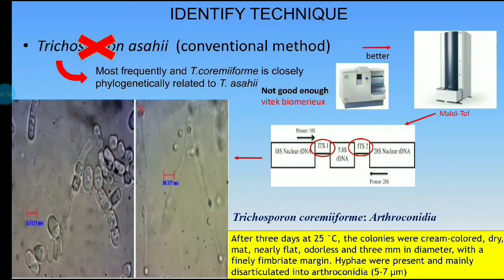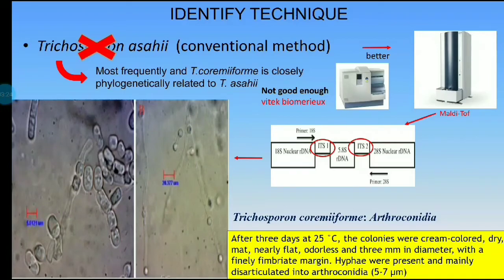First of all, the sequence of the internal transcribed spacer, and the D1 and D2 domain. In the picture at the bottom right, you can see some equipment that I mentioned, Vitek and MALDI-TOF. The chart in the middle shows a presumptive comparison of these techniques.